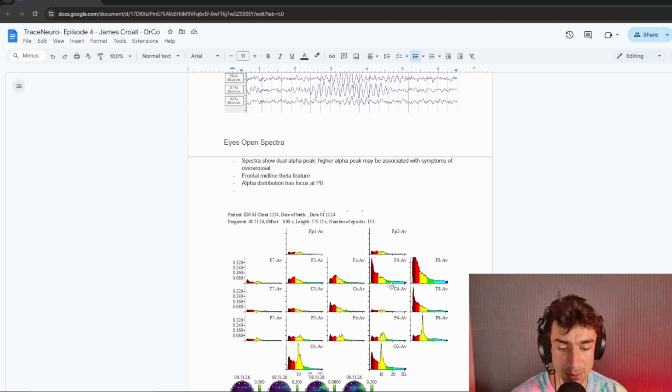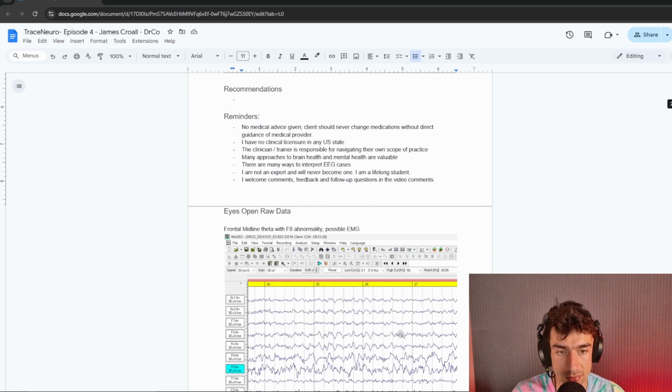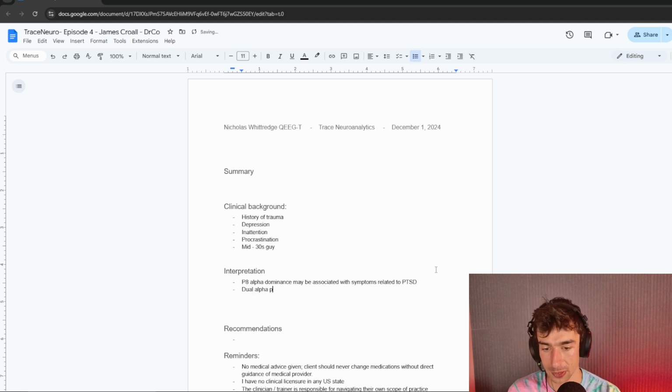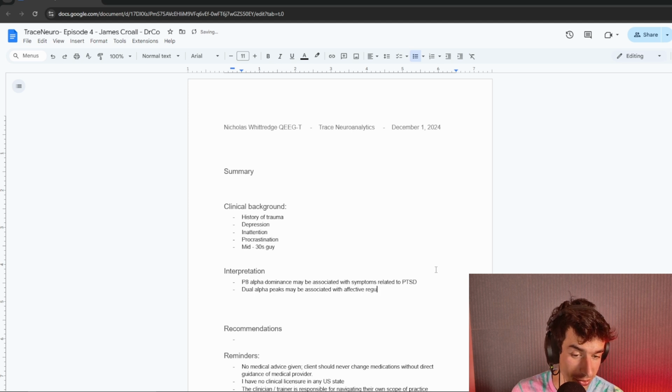You know, as far as depression is concerned, dual alpha peaks may be associated with affective regulatory issues and/or overarousal.